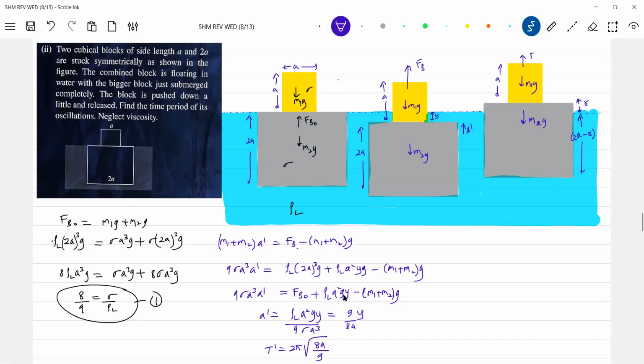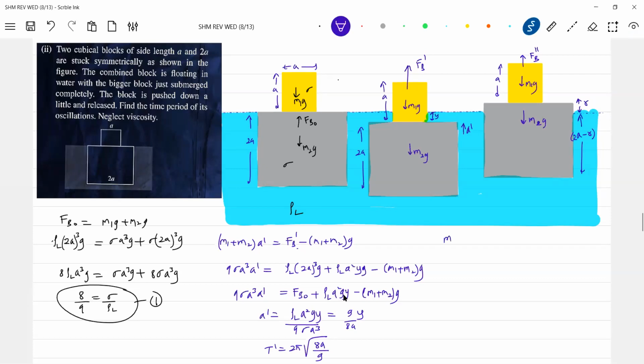Then buoyant force FB dash, FB double dash. Which will be greater, FB double dash or M1 plus M2G? FB double dash will be less than M1 plus M2G. So therefore there will be acceleration downwards or it will undergo retardation.